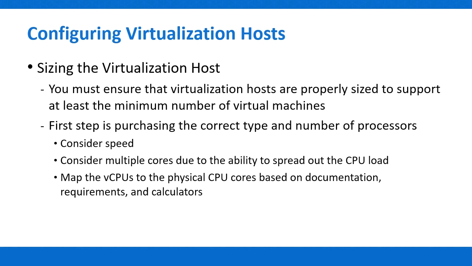Once we've defined the processor for the host computer, then we need to figure out how we are going to assign CPU resources to the guest virtual machines. Not surprisingly, the guest virtual machines are going to use what are called virtual CPUs or vCPUs, and those can be added to a virtual machine when it's created.